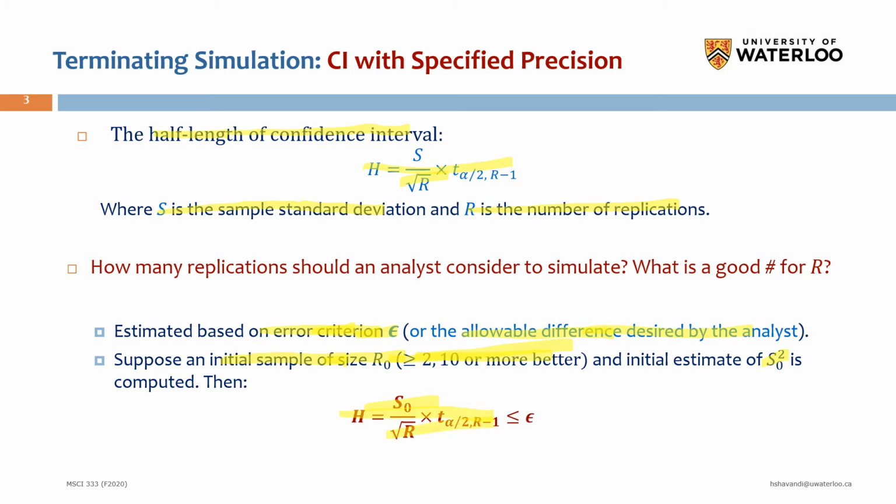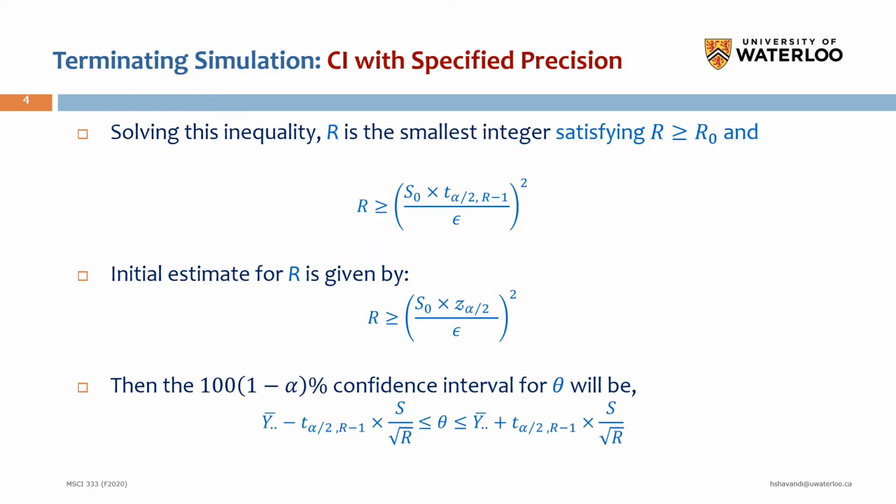So we can set this to be less than or equal to epsilon, the desired error level. Then by solving that inequality for R, where R is unknown, we can obtain R as the smallest integer satisfying R greater than or equal to R0.